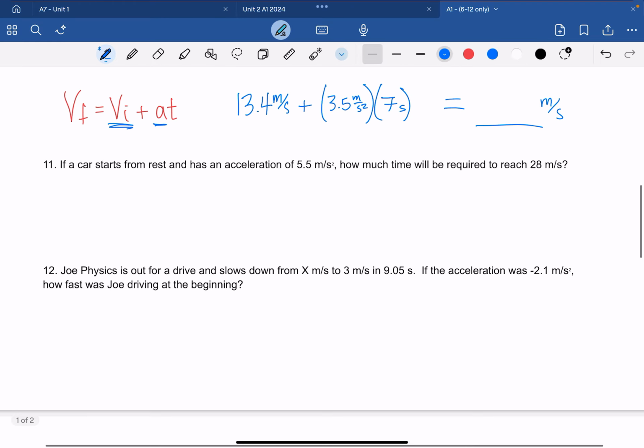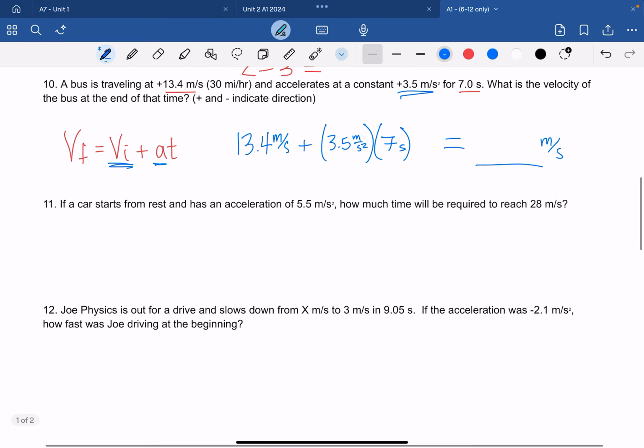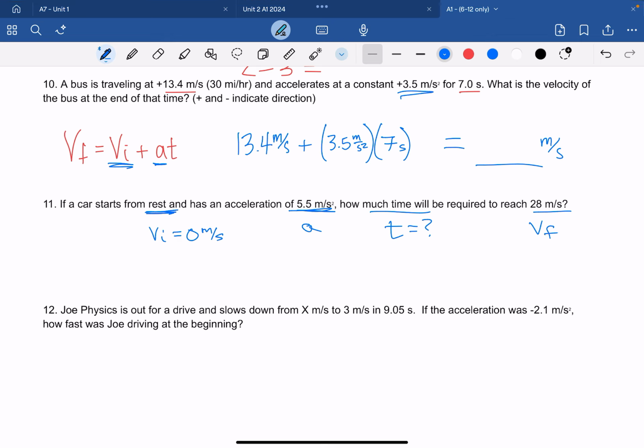Number 11, I'm not going to do it for you, but we can talk about it. It says if a car starts from rest, so 0 meters per second, it tells us your acceleration. It does not tell you how much time will be required, so you don't know the time. And you do know that you want to reach 28 meters per second.